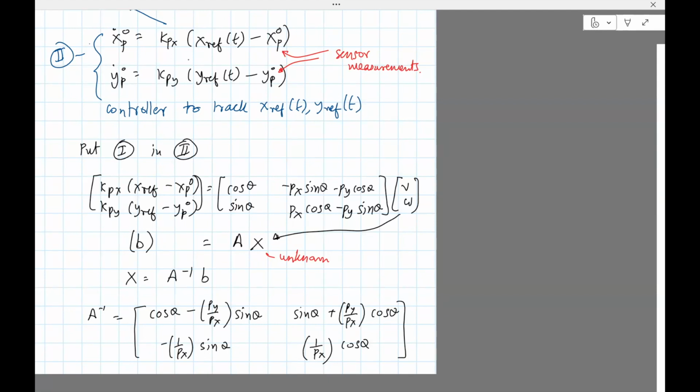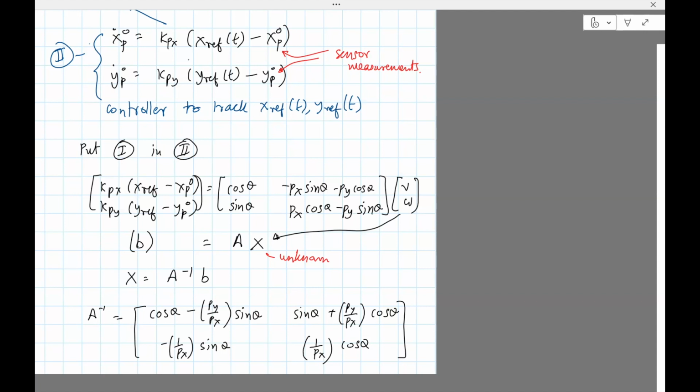So all you need is that A inverse, and then of course you need the reference trajectory. So what I'll do is show how this is used to track not a circle. Circle is pretty easy to track with a differential drive car. You don't really need to do all this.